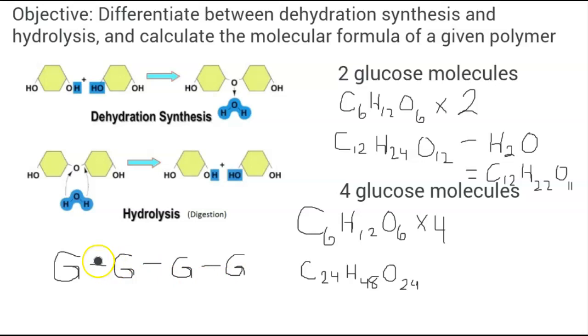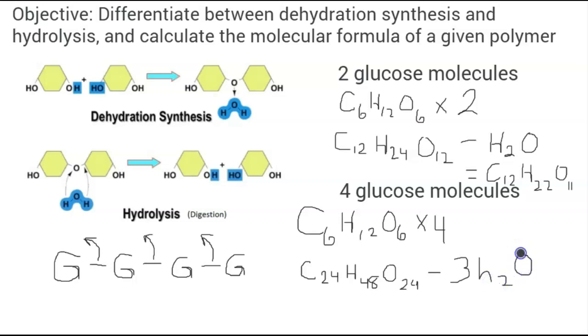So if you think about how many bonds you have, that's where the water molecules are going. So there's 1 bond, 2 bonds, and 3 bonds. So you're making 3 bonds between the 4 glucose molecules. So how many water molecules are you going to lose from that? If you're making 3 bonds, for each bond you're going to lose 1 water molecule. So now you need to get rid of 3 water molecules.